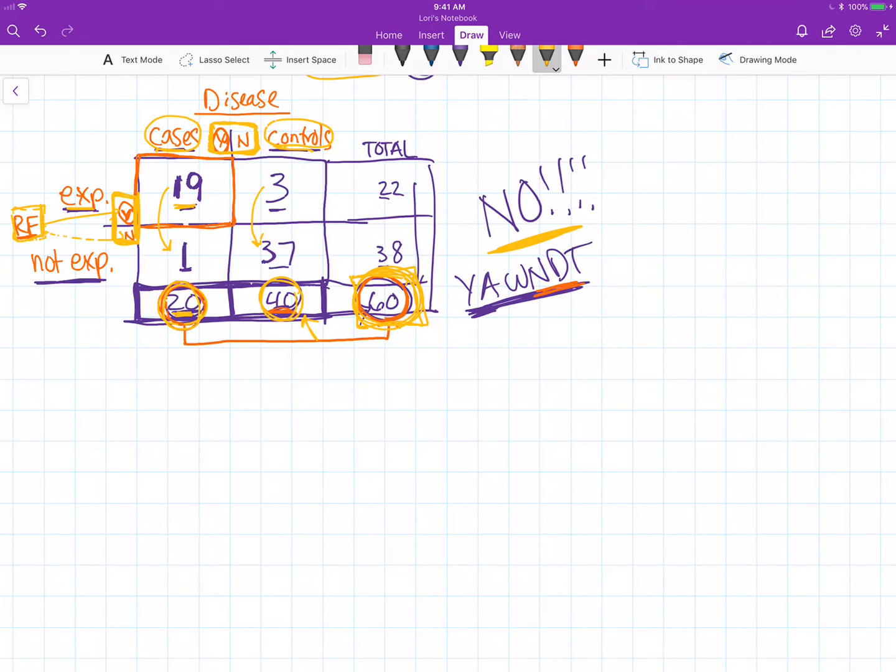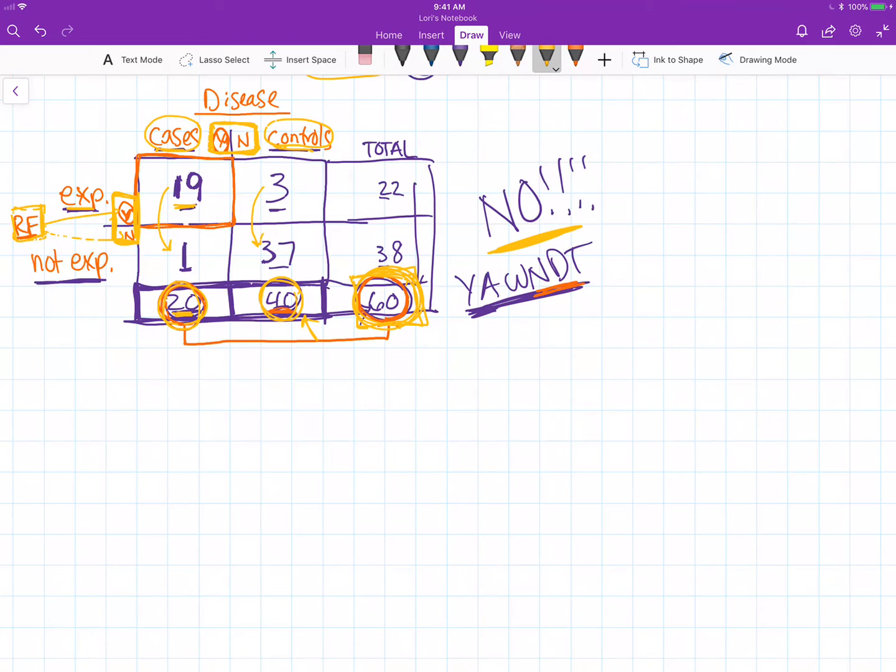One good way of thinking about odds is to think about the relationship of, say, boys to girls in a second grade classroom. So let's say you have 15 boys and 11 girls. The odds of being a boy is 15 to 11. So odds is a different kind of measure than, say, the prevalence or the proportion overall.